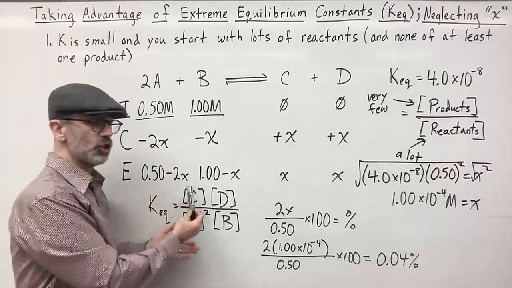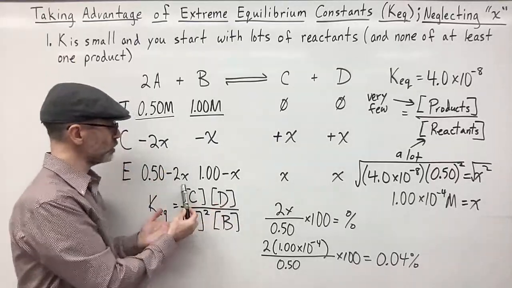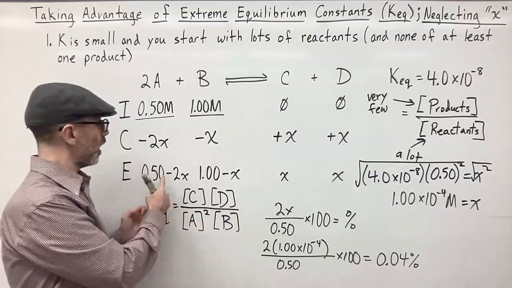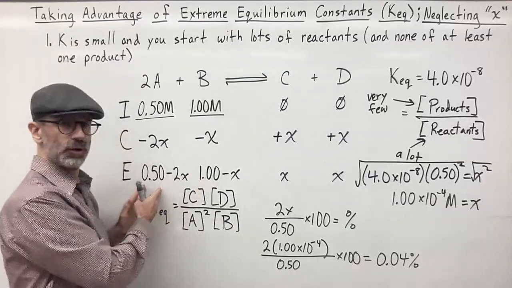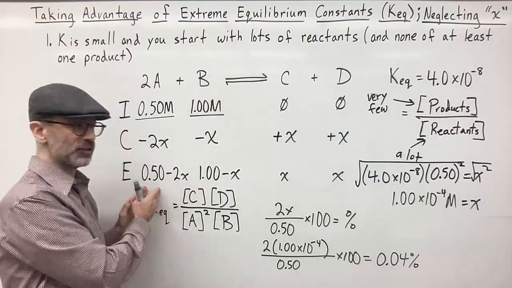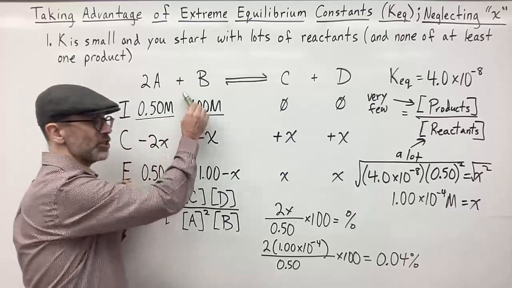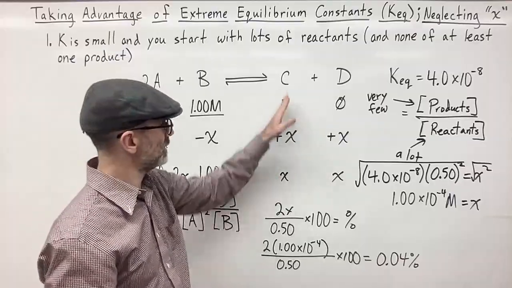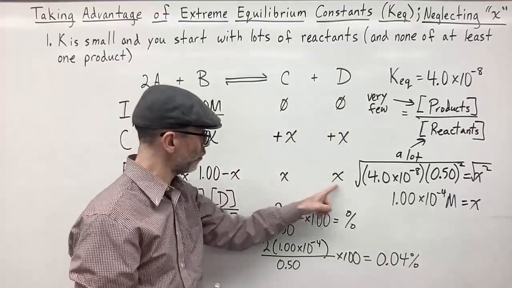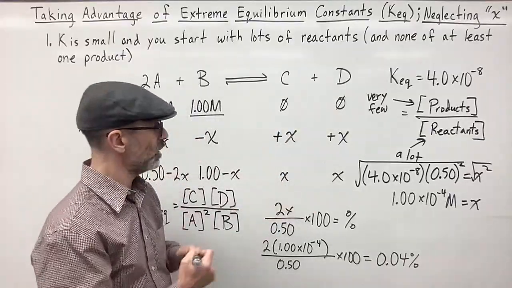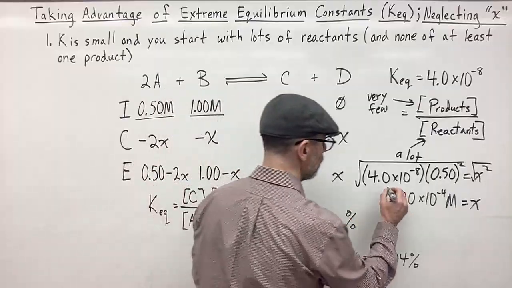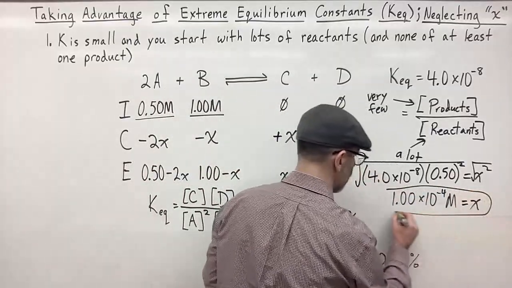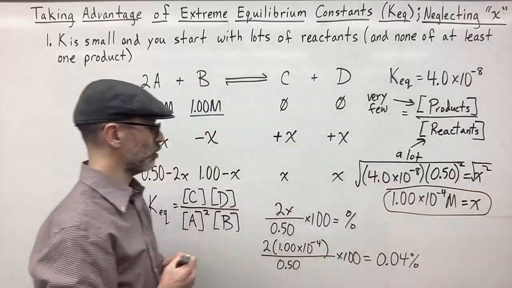Because we assumed that these are so small that subtracting them is not really going to change the original concentration. So the original concentration is the concentration at equilibrium. And for C and D, since they are both X, they're equal to each other, so both C and D are going to have this concentration at equilibrium.